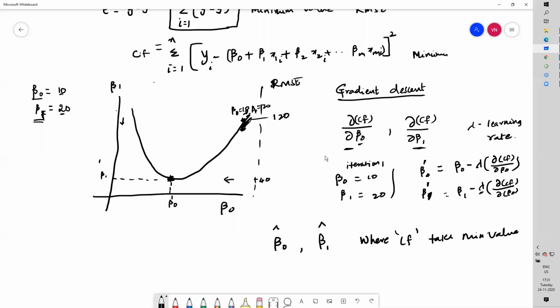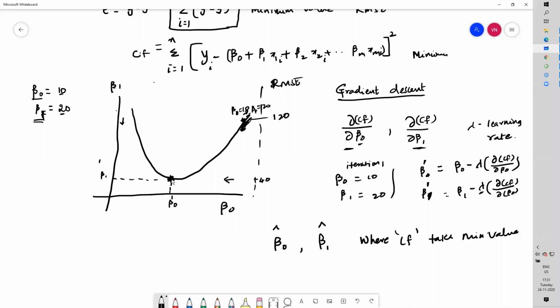To find out where a particular function can take its minimum value, we apply the first order derivative. Here, because we have two unknowns, we are applying the first order partial derivatives, which we call gradients. The gradients will tell you which direction to move. So using the gradient, we are decreasing or increasing the initial weights until we reach this point.